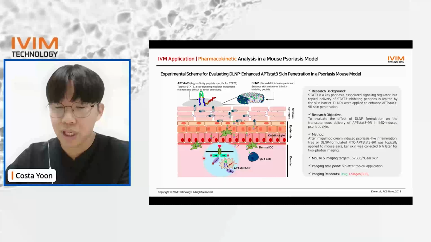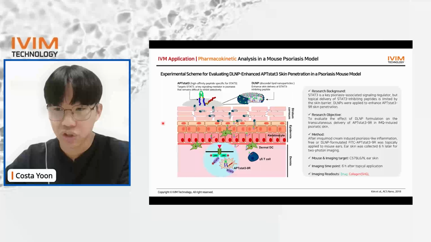However, topical delivery of ST3 inhibitors can be limited by thickened epidermis and altered skin barrier found in psoriatic lesions. To improve delivery to the target tissue, the ST3 inhibitor was incorporated with discoidal lipid nanoparticles, which are known to enhance transdermal penetration.